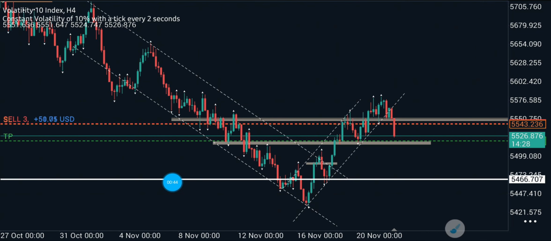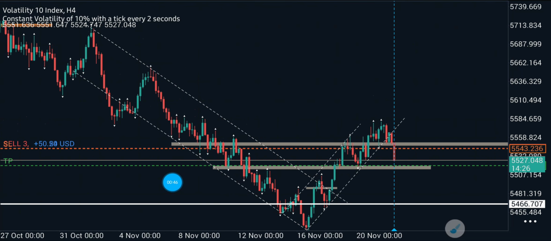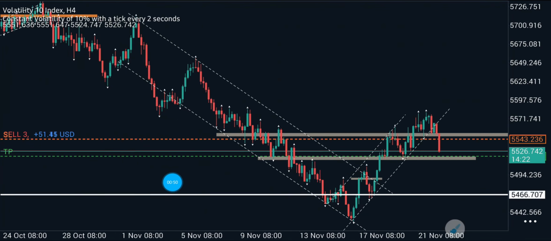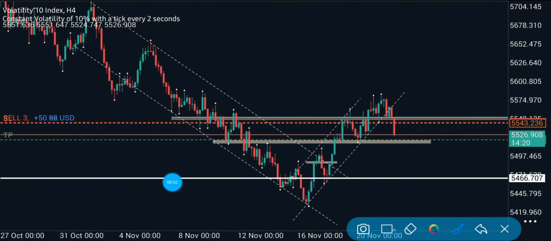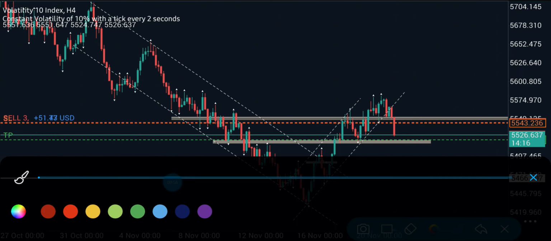So let's go to the 4-hour time frame, and this is the 4-hour time frame. As you can see, the market was giving us higher high. Let me change the color to white.